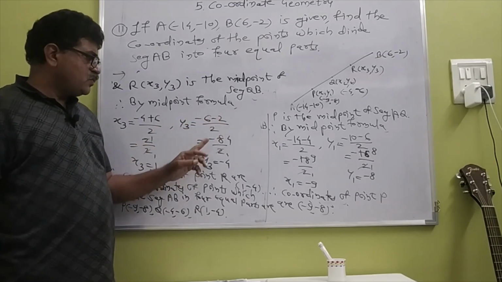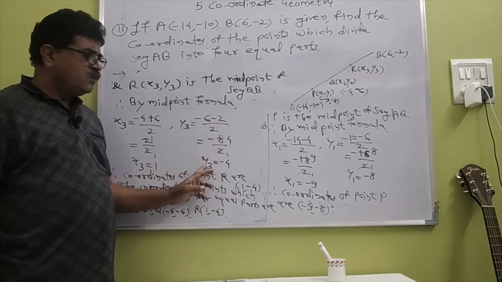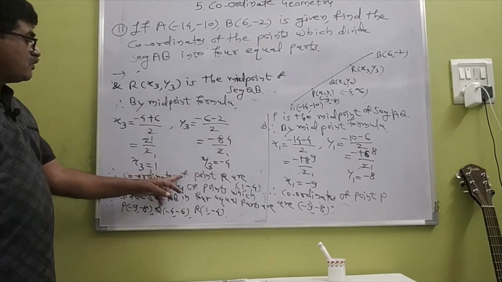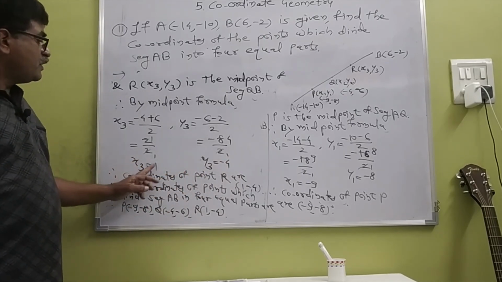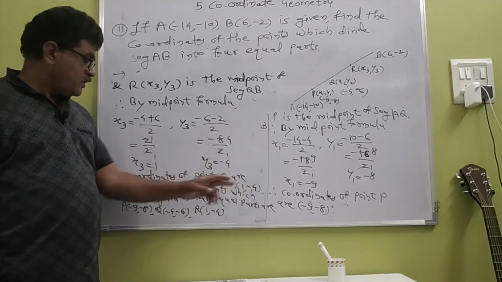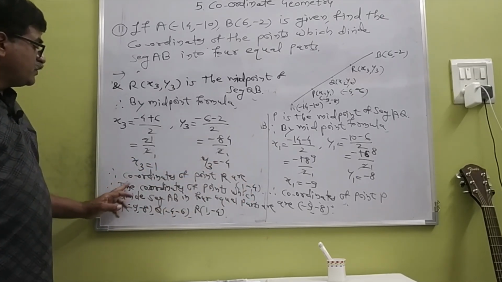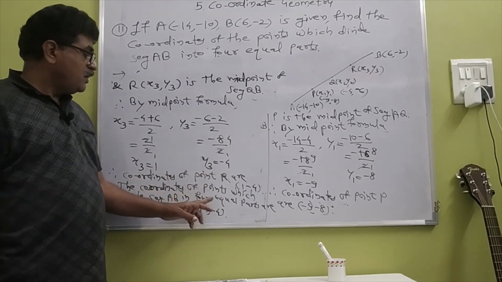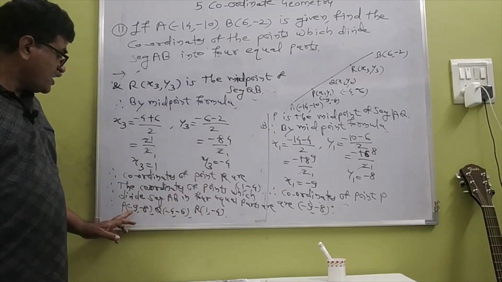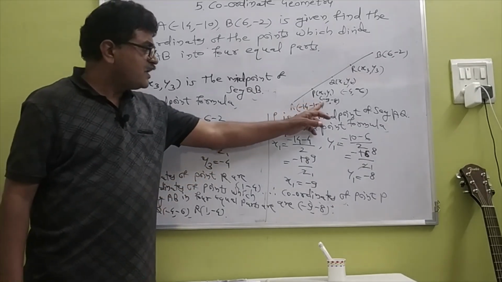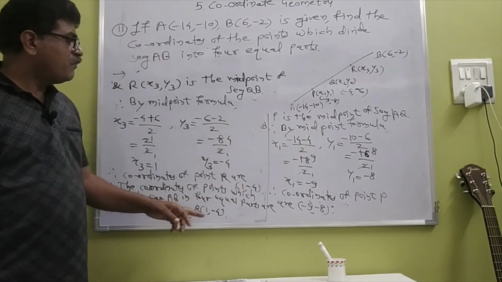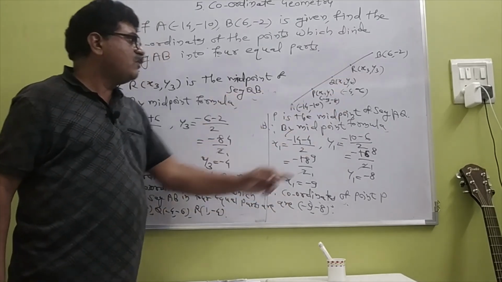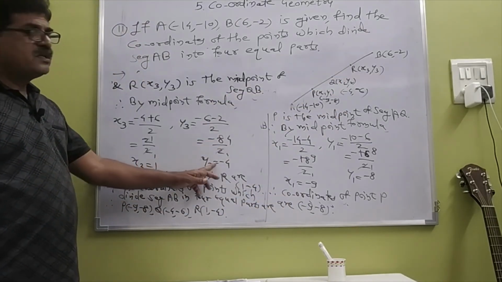Minus 6 minus 2, minus 8 divided by 2, y3 is minus 4. Therefore, the coordinates of point R are 1, minus 4. Therefore, our answer is the coordinates of the points which divide segment AB in 4 equal parts are P of minus 9, minus 8, Q of minus 4, minus 6, and R of 1, minus 4.